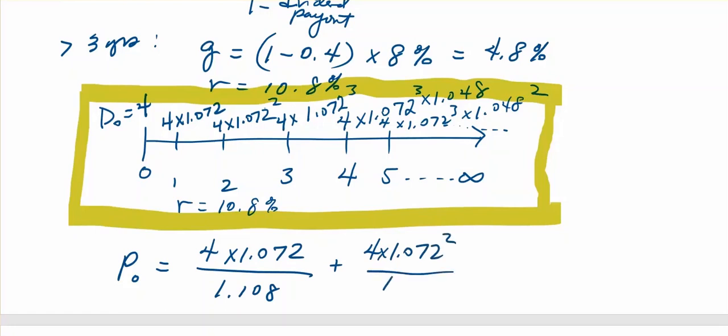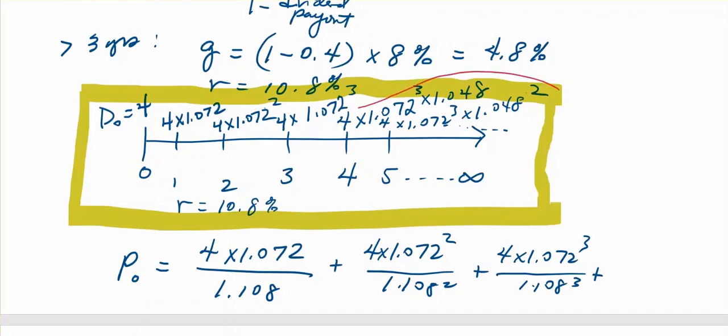Year 2 dividend, year 3 dividend, and then we have the constant growth phase here, which are all of these dividends. Find the value as of year 3, and then we'll bring that back to year 0.